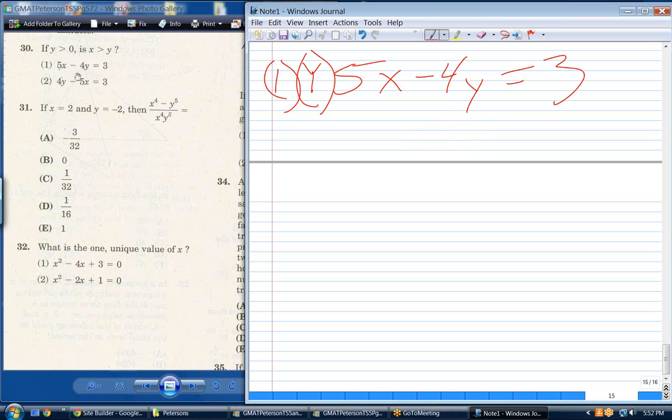So that kind of illustrates a danger with picking numbers. You have to try to pick numbers that are going to disprove this if you can. I tried 1 and 0.1, and neither one disproved it. I had to go to 3 before I realized they were the same.